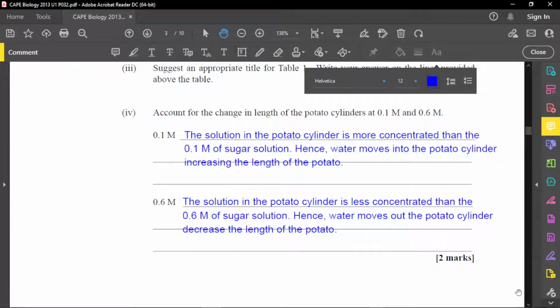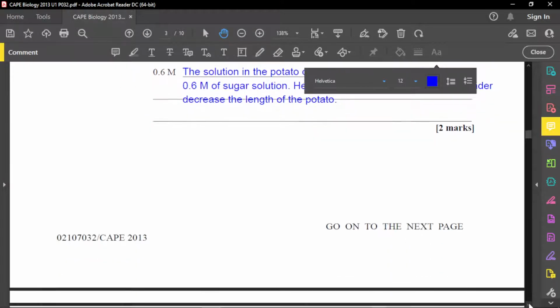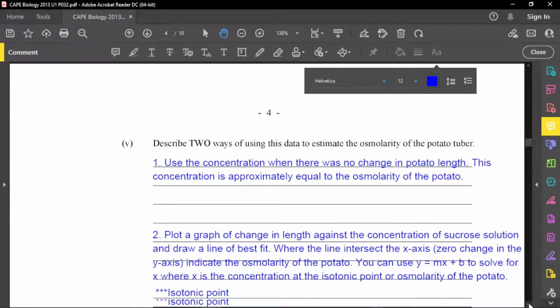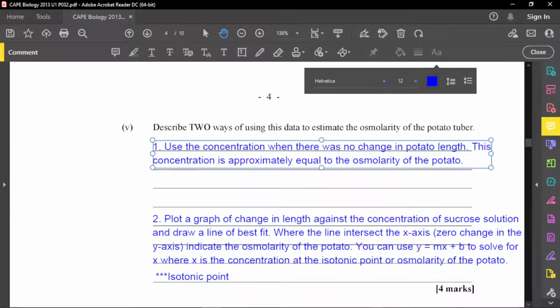All right, so let's go into the next part of the question now. And the next part of the question reads, describe 2 ways of using the data to estimate the osmolarity of the potato tuber. And notice here now, I actually talk about the negative value up there, which I'm going to express in the second option. Now, what you can do, you can use the concentration when there was no change in the potato length. That's very important. You can actually use it to estimate it there.